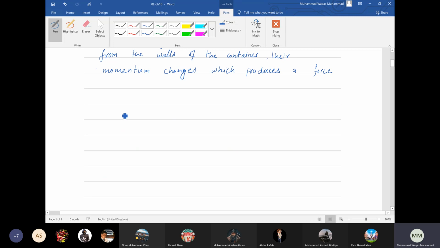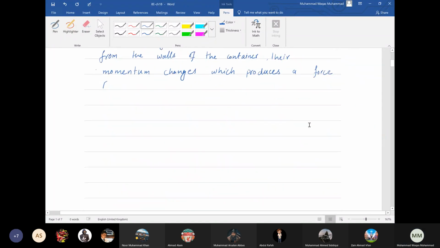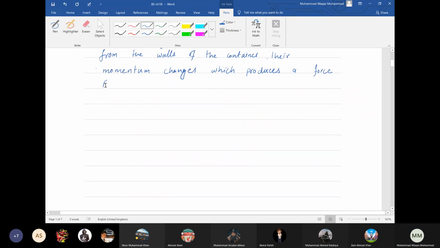And beta, you also have to write the equation. You can write F equal to mv minus mu over T, which produces a force on the walls of the container.